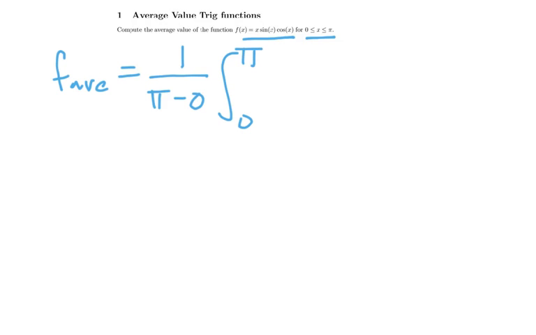So the definition for average value, I will call f_av. This is going to be 1 over pi minus 0. In this case, we integrate from 0 to pi x sine x cosine x dx.